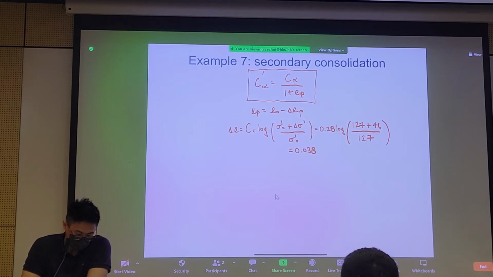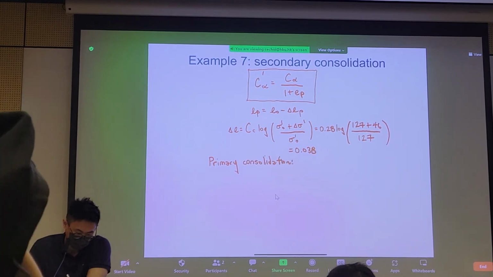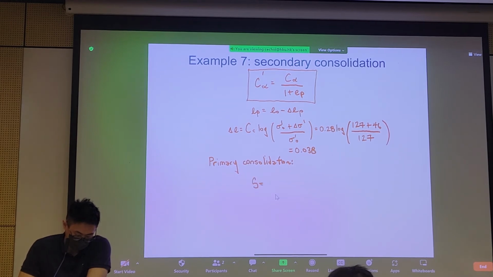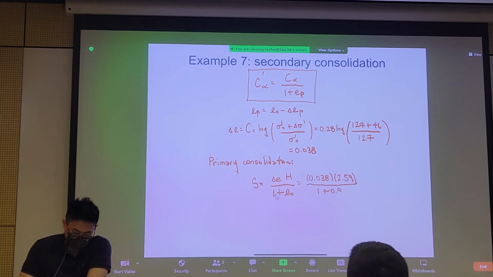So we can calculate the settlement solely due to primary consolidation. Initial thickness is 2.59, over 1 plus 0.8.